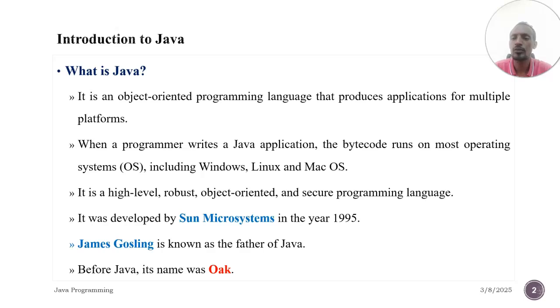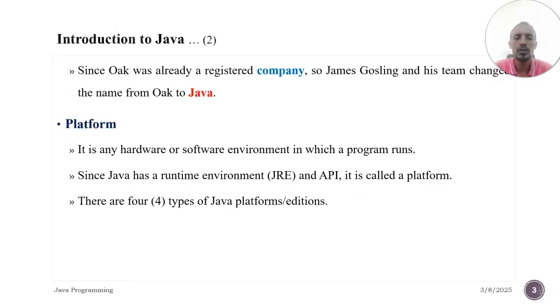Then he becomes the father of Java. Before Java came to the world, it was known with the name Oak. Later, Oak became registered as a company. Then it runs a number of programming languages and other platforms.